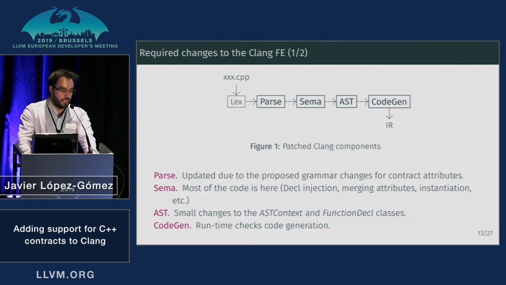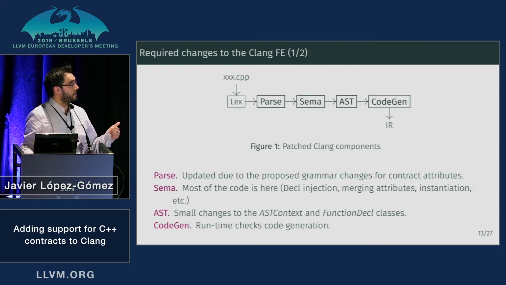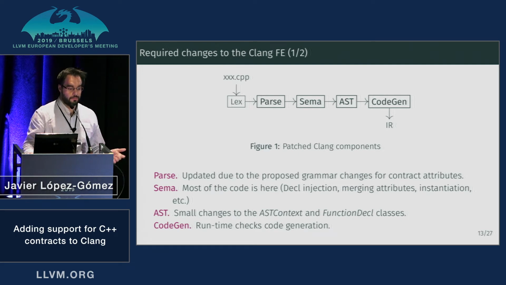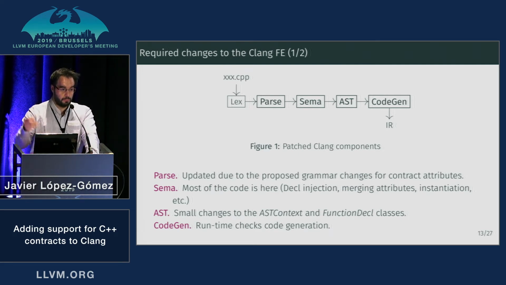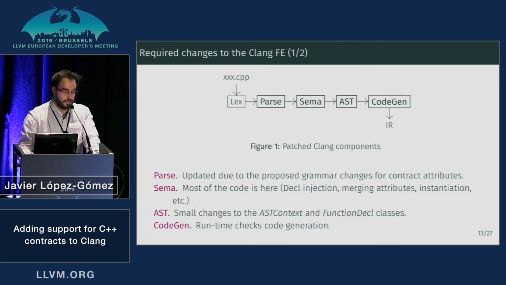I also changed the semantic analysis component. Most of the code of my implementation lies there, such as declaration injection for the user-provided handler and so on, the merging of attributes between compatible redeclarations, and instantiation in case the predicates have identifiers that are dependent, that are part of a template.